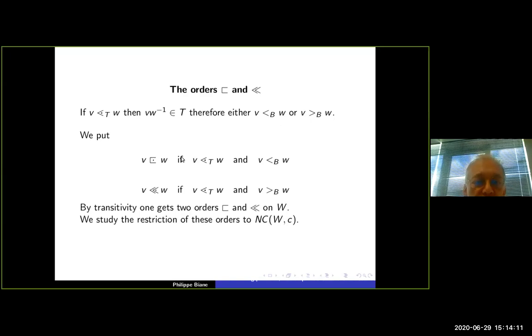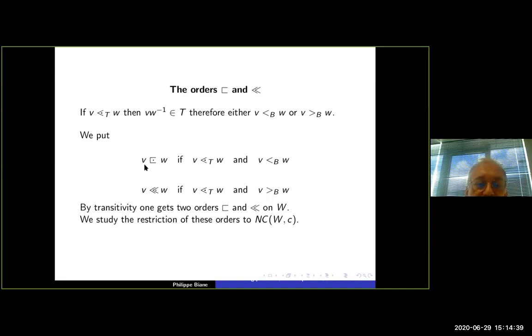And what we do is that we put V is smaller than W for the square order if we have both these order relations, and V is smaller than W with respect to the double order if V is smaller than W, again, for the absolute order. This is something we have assumed, but now V is bigger than W with respect to the Bruhat order.